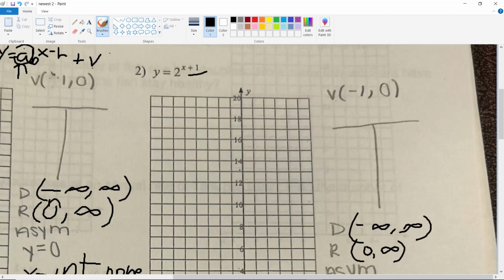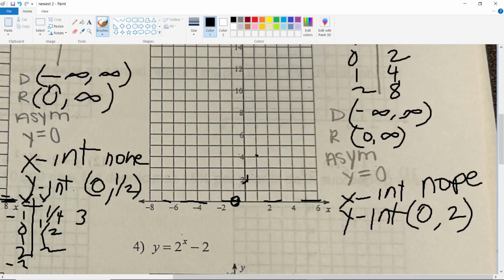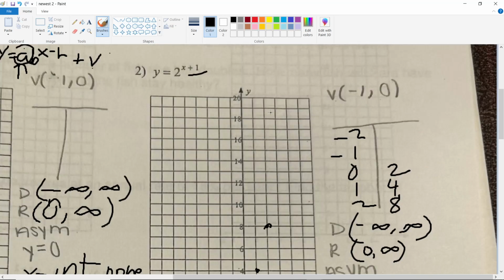And then I can do some points. I did (0, 2). I'll do -1, -2, 1, 2. At 1, 1 plus 1 is 2. 2 squared is 4. At 2, 2 plus 1 is 3. 2 to the third is 8. So at 1 it should be 4. And at 2 it should be 8. And then at -1, -1 plus 1 is 0. 2 to the 0 is 1. -2 plus 1 is -1. 2 to the -1 is 1/2.